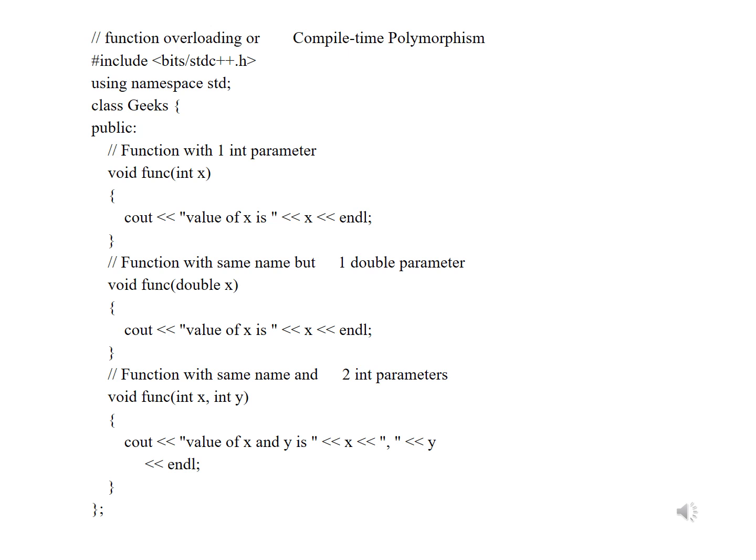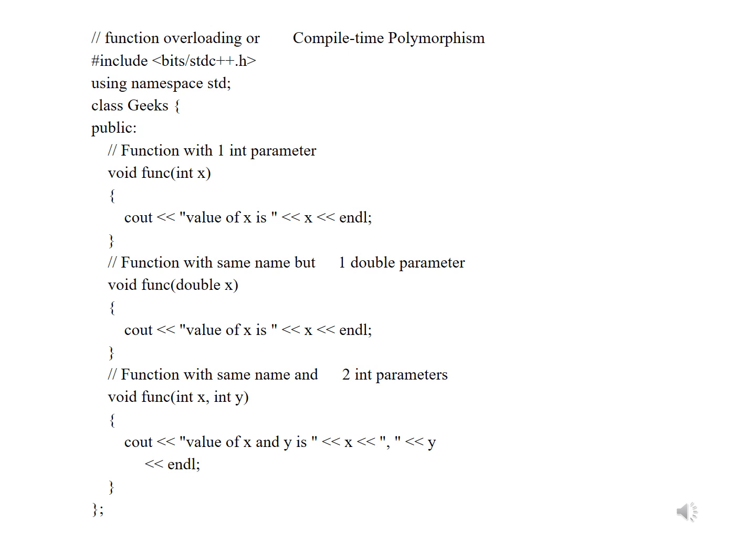Again, we will call the same function name, but with double as a parameter. Let's see this. void func, open bracket, double x, open bracket. So cout value of x is x, close the curly bracket. In this function, the same function name is used, but the parameter data type is double.